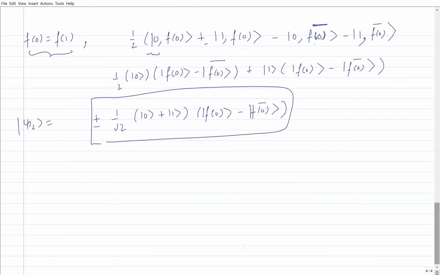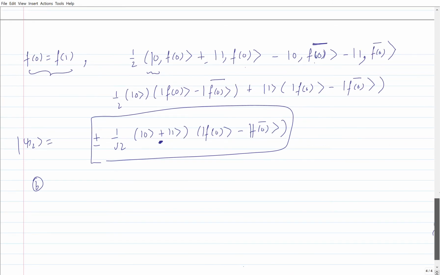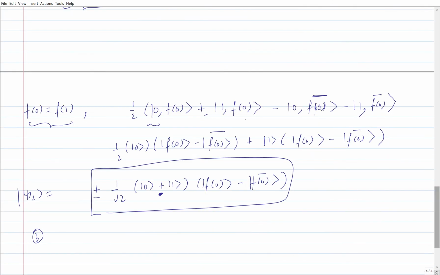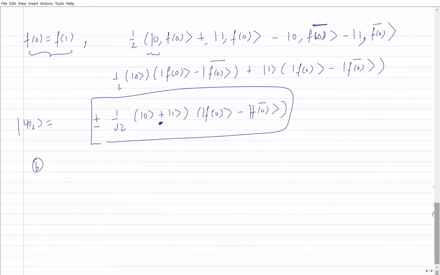Similarly, so notice this is very important. This particular sign is very important. Just keep this in mind. What happens when I have a balanced function? So case B, this was case A, case B, if I have a balanced function, then this is the condition that holds, and I'll just write it down explicitly.